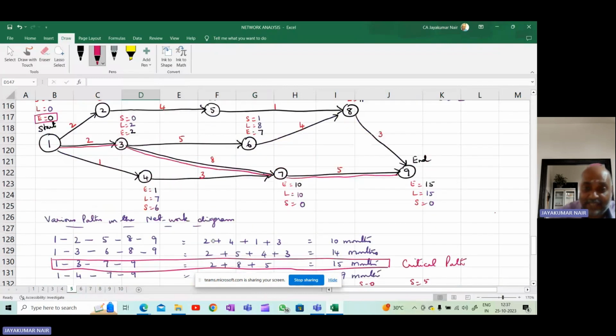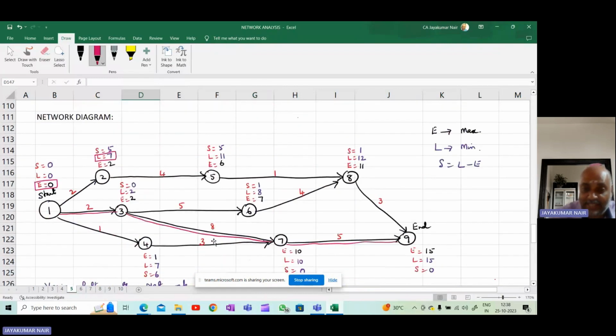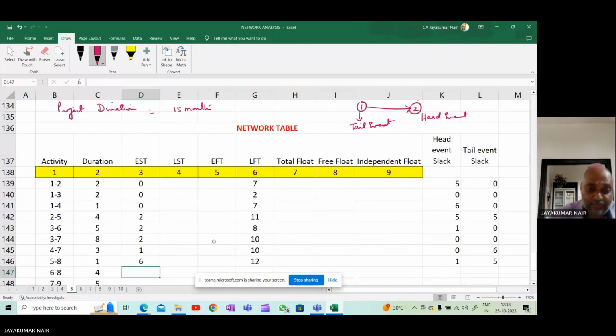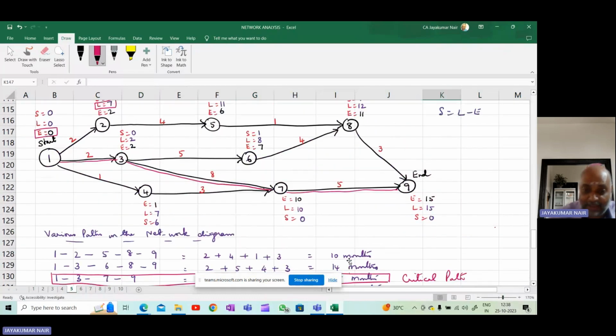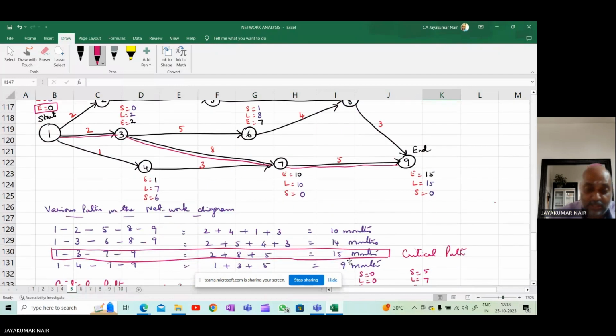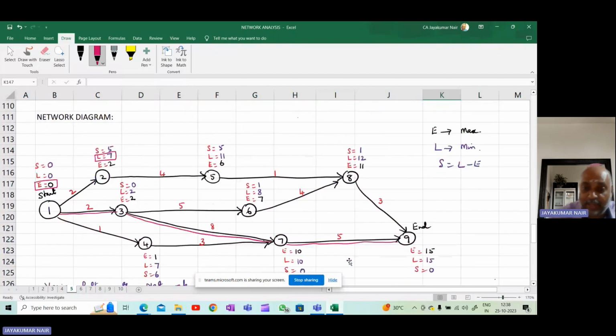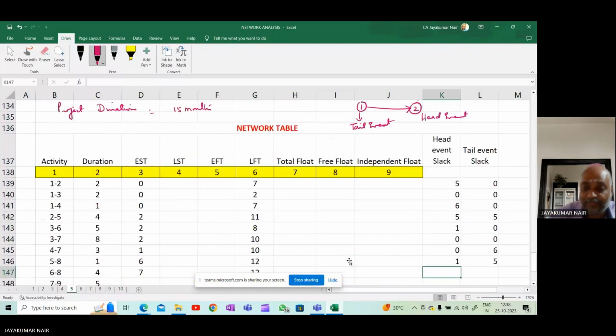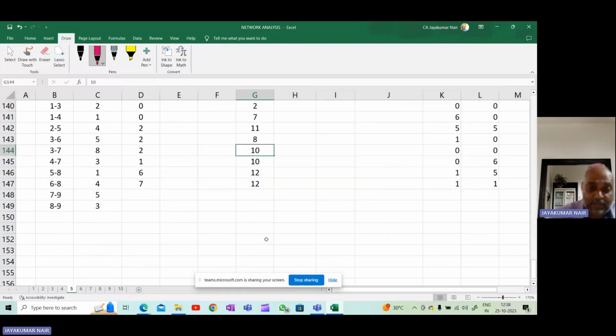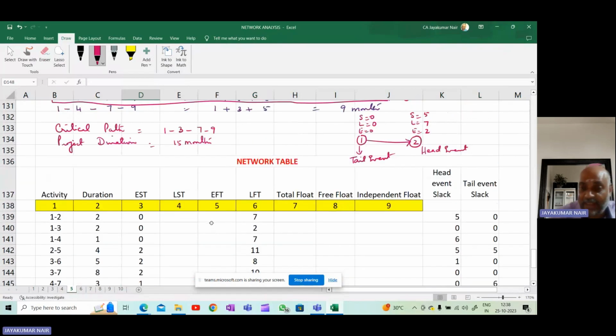Next, 6 and 8. 6, 8 is 7 and 12. What is the head event slack? It is 1 and 1. Next, 7, 9.